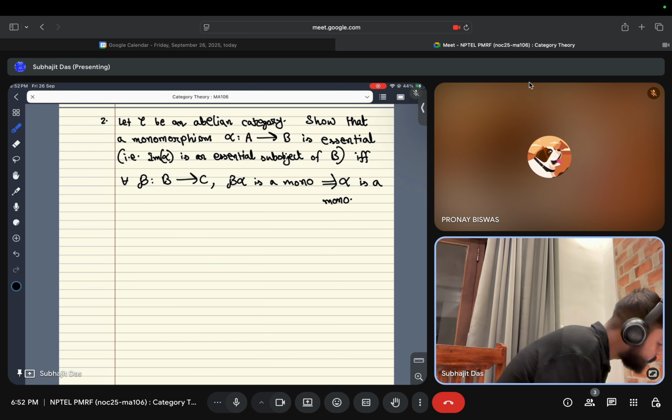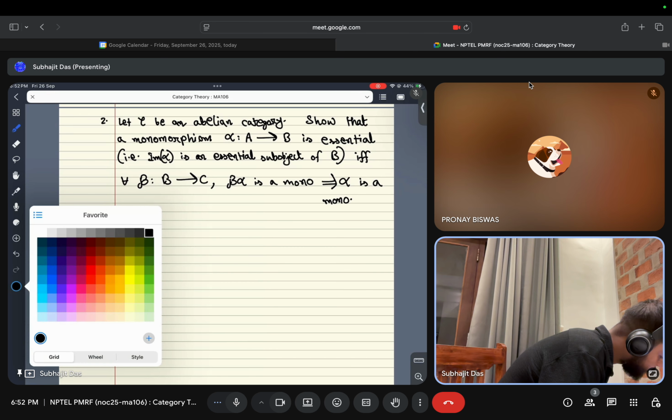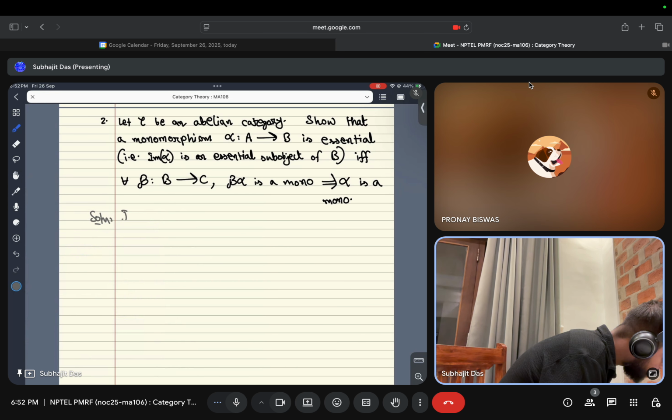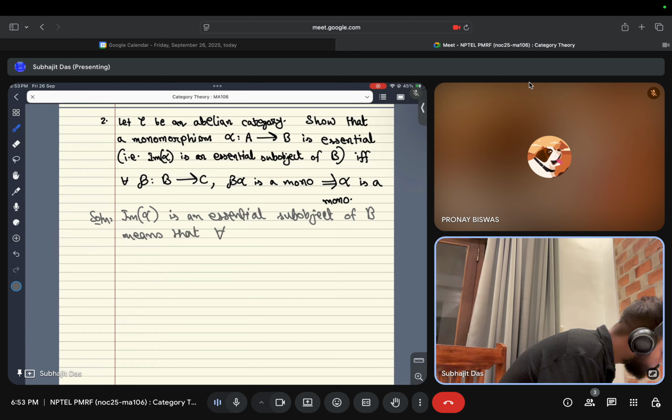So the image of alpha being an essential subobject of B means that for all subobjects B prime of B with B prime not equal to 0, B prime intersection image of alpha is also non-zero.